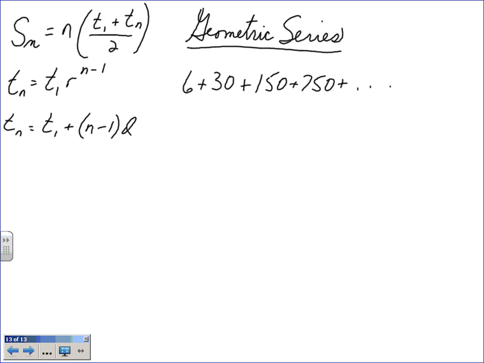So, to find the sum in a geometric series of n numbers, it's equal to T1, which means the first term, times 1 minus r to the n power, divided by 1 minus r. That's the formula.